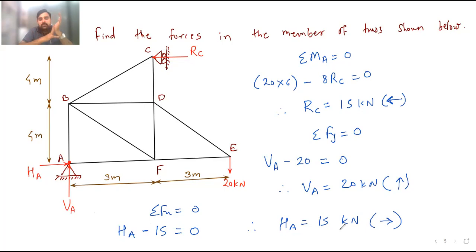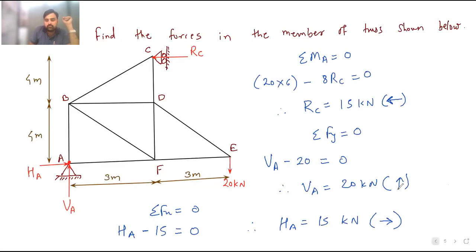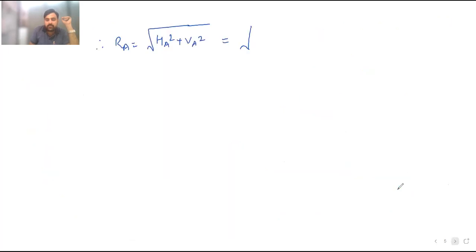Okay, VA, HA. Now here you can see VA and HA both are having values. So now you can get RA, resultant reaction at A. Therefore RA is equal to under root HA square plus VA square, which is equal to under root 15 square plus 20 square.